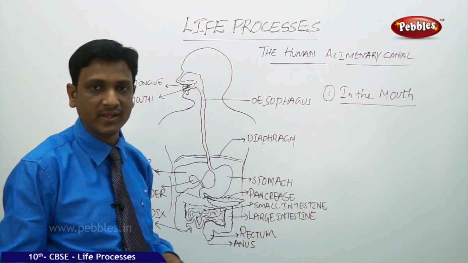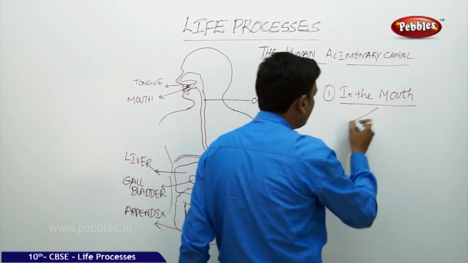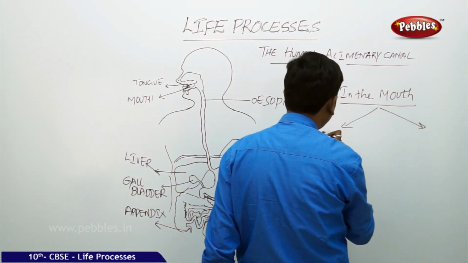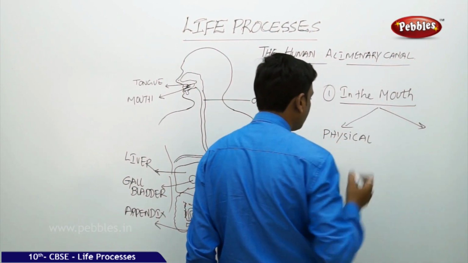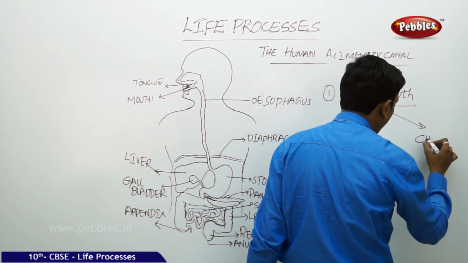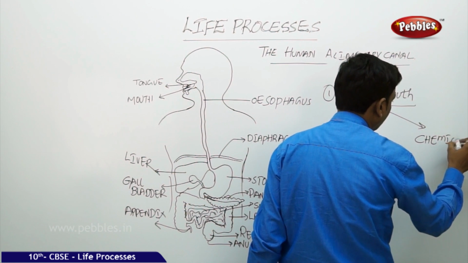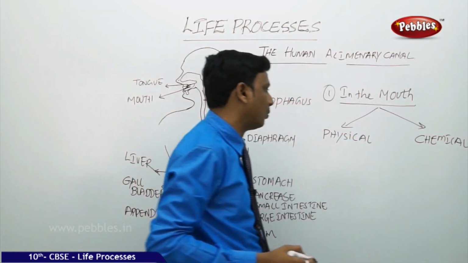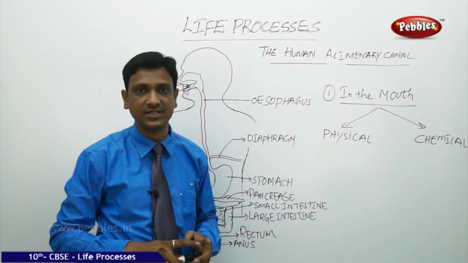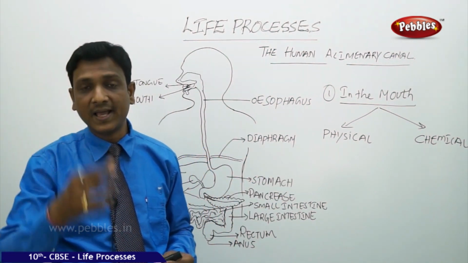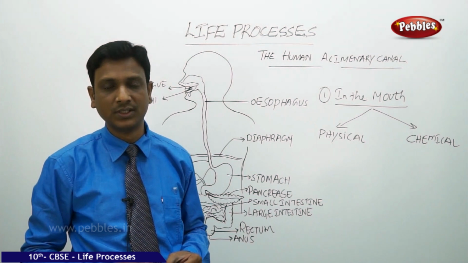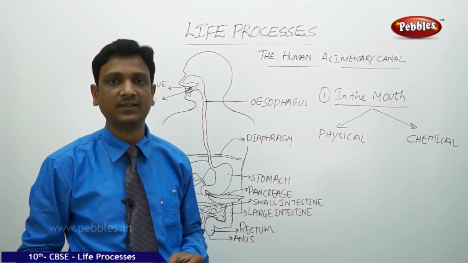What happens to the food in the mouth? Two kinds of things happen in the mouth. One is physical change and the other one is chemical change. What is the physical change that happens to the food? With the help of the structures present in our mouth, what are the various structures we have?